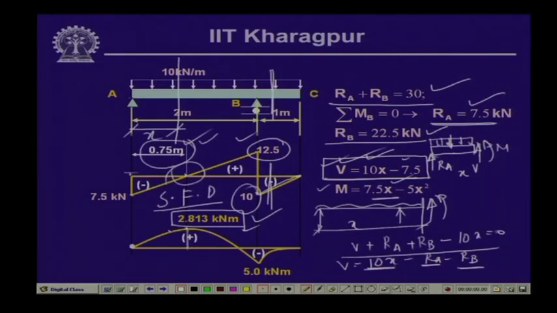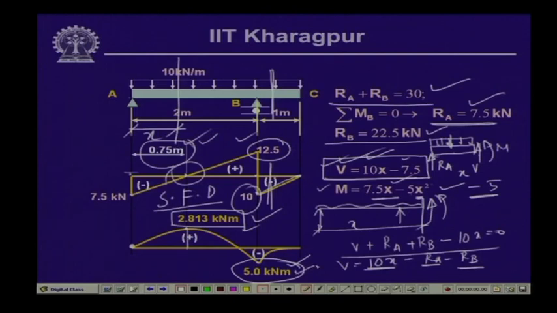Now, when we compute the bending moment at this particular point, when x equals 2, we find this is 15 minus 2 square, which is 4, times 5, 20, and this is 15. So, this gives us a negative 5 kilonewton meter. So, at this point we get a bending moment of 5 kilonewton meter, which is negative. As we can see from these two values, this is maximum.